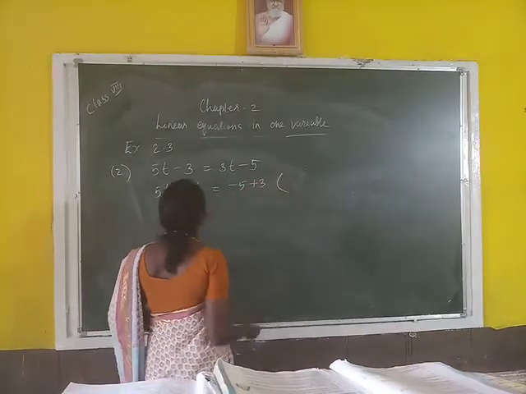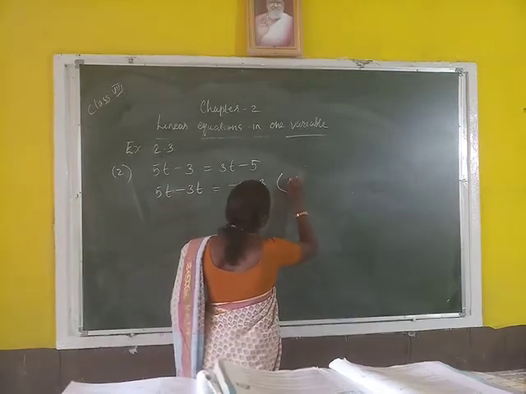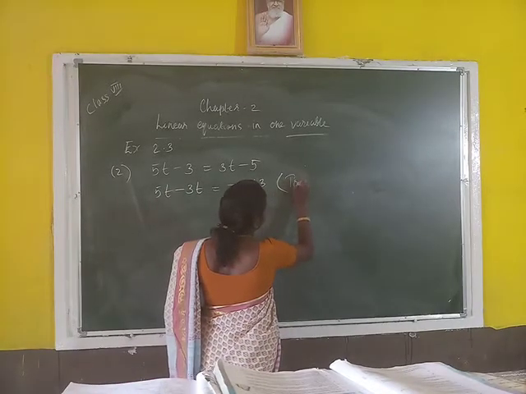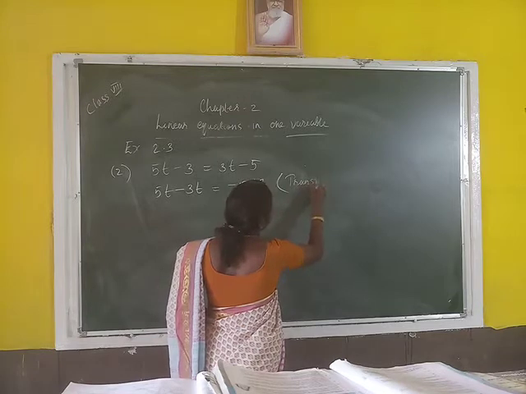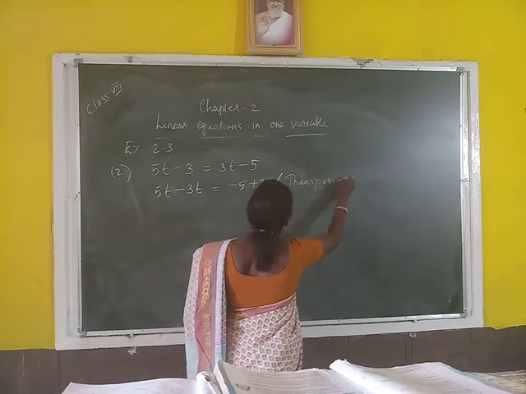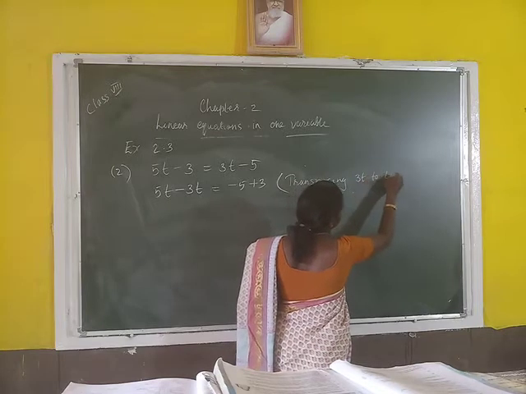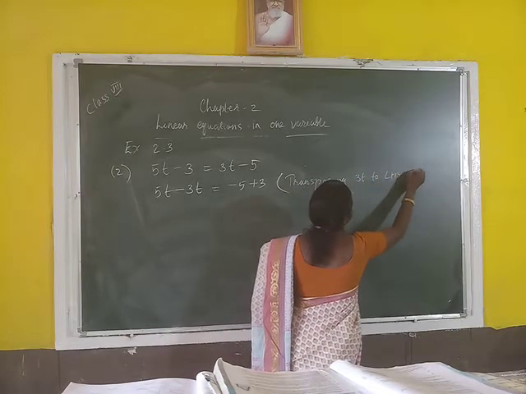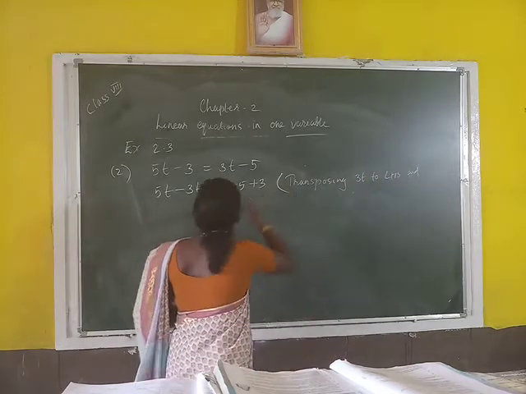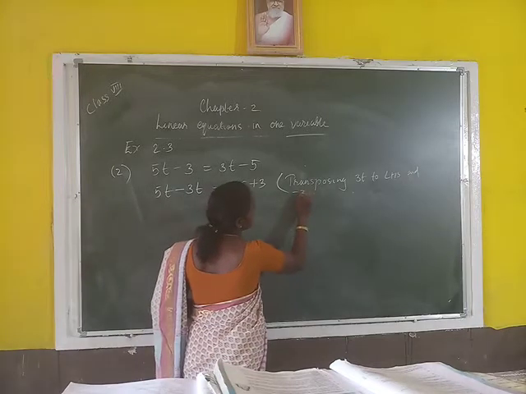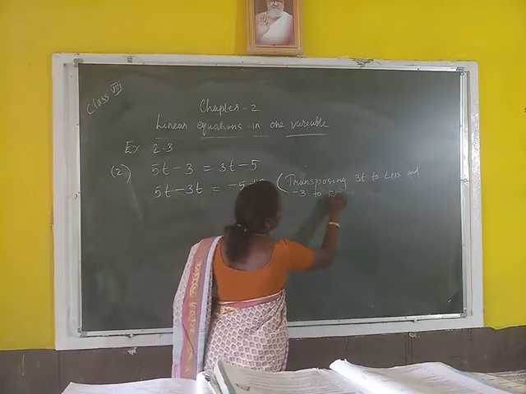Then we can write transposing 3t to which side? LHS, and negative 3 to RHS.